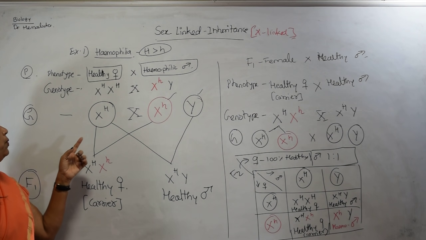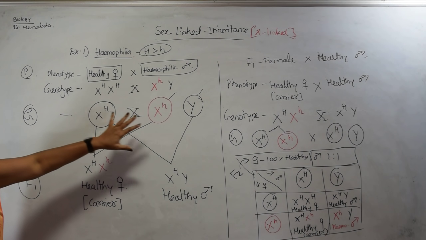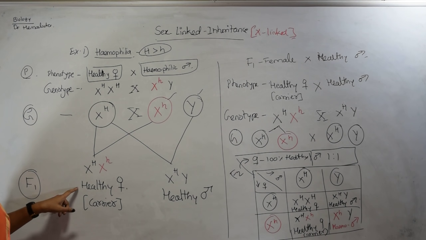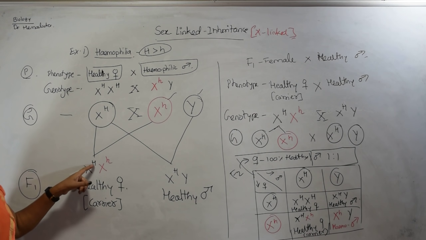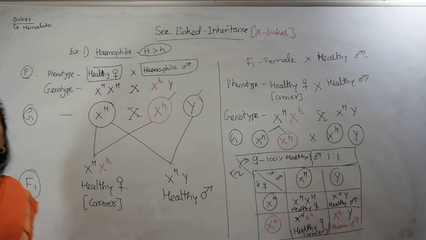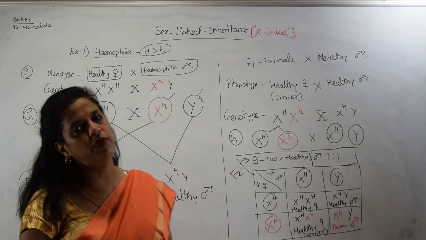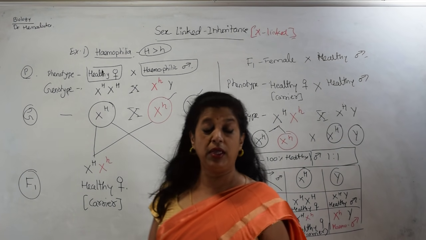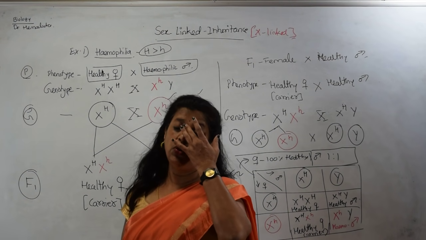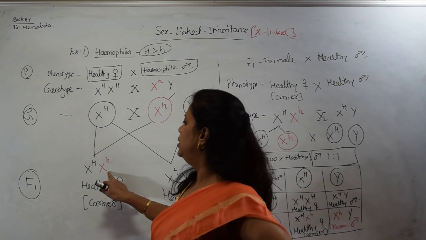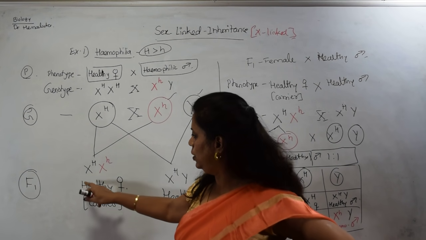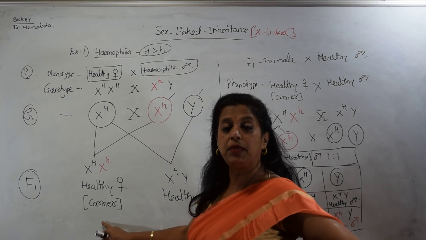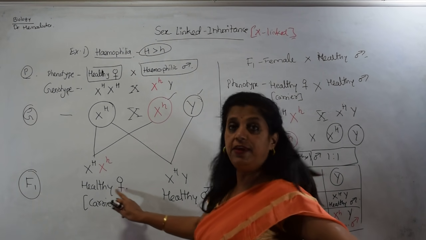Next, during crossing, the sperm may fertilize the egg with a normal type, and this will be a healthy female with X capital H, X small h, because the healthy character is dominant and hemophilic is recessive to the healthy character. See, this is the hemophilic gene, this is the healthy gene. Now, she will be female, but she is a carrier, but she looks normal. So, healthy female.